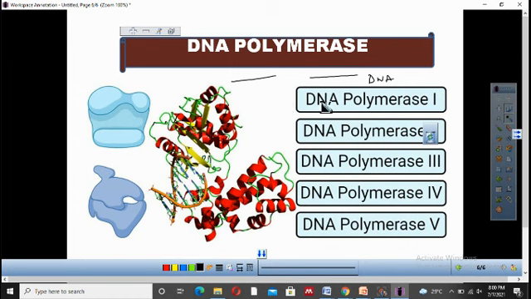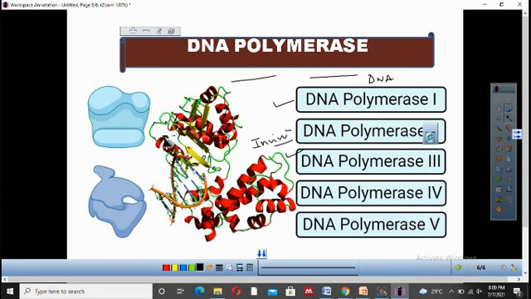So in eukaryotes, the DNA polymerase 1, this is the enzyme which is very much used in biotechnology, and these enzymes, for example the DNA polymerase, are the main enzymes which are very dominant in in vivo conditions. But when we want to use the enzyme DNA polymerase for cloning purposes, then we will select DNA polymerase 1.